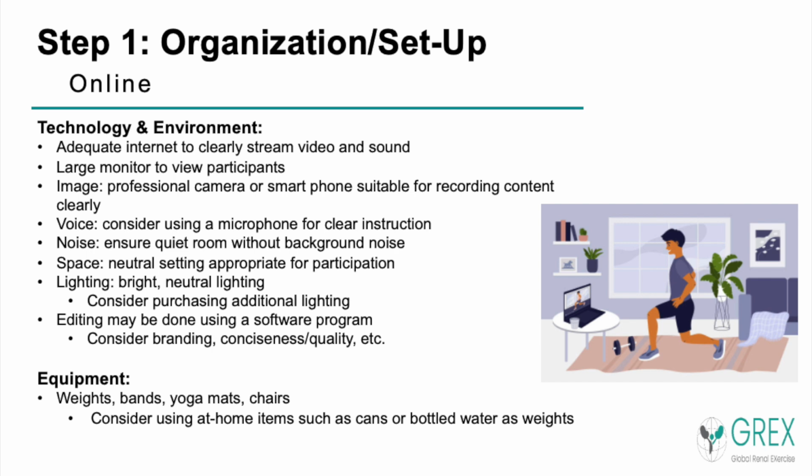And you might want to consider how you're going to brand your videos and any messages that you might want to top and tail your video with. A tripod is absolutely essential for doing any type of filming, as it's the only way to ensure consistent picture quality. And also consider using a professional microphone. When you're jumping around doing exercise, a wireless one is usually best, and this makes sure that the instructions are clear for the participants.